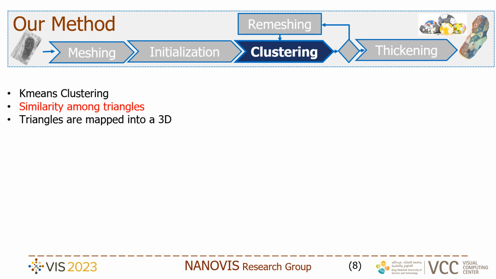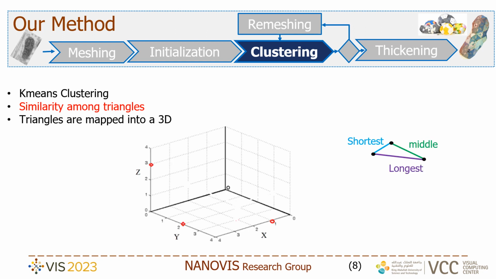Clustering. Clustering is the key contribution of our work. Here we use k-means clustering to classify the triangles into k classes. For such classification, we need to find similarity among the triangles. We use a simple distance function for this similarity calculation. For this purpose, we map all the triangles into a 3D space.